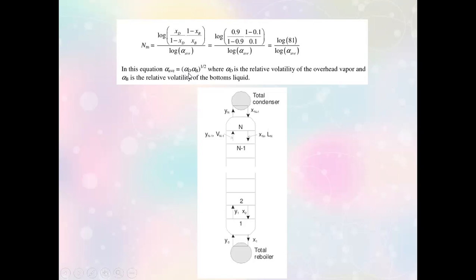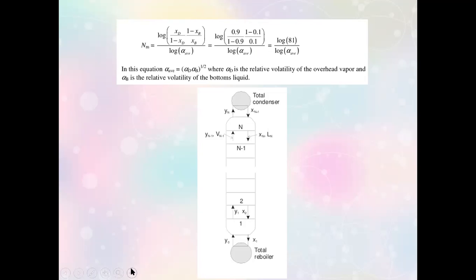That would be the geometric mean of the relative volatilities of the two sections of your column, the top section and the bottom section. The top representing the condenser and the bottom, the reboiler. And that value should be substituted here. This Fenske's equation would have been easily used if not for this geometric mean of the relative volatility.